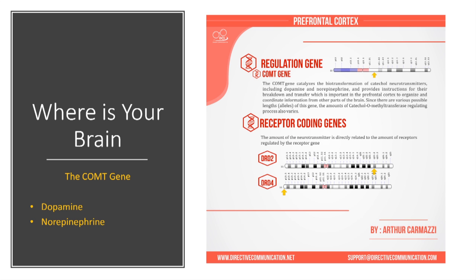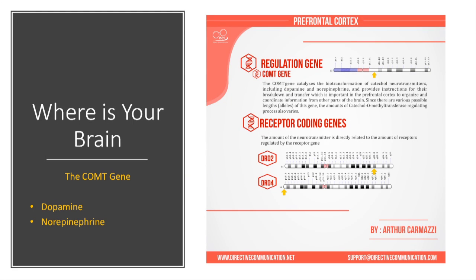So, the COMT gene. Now, the COMT gene basically has also different alleles. And different alleles means it produces different amounts of specific enzymes, or in this particular case, one of the enzymes is called catechol-O-methyltransferase. I know it's a big word. Don't worry about it. Basically, let's just call it the COMT enzyme. So, what does it do?